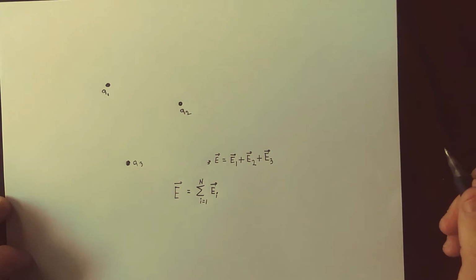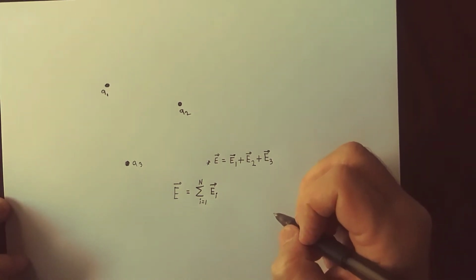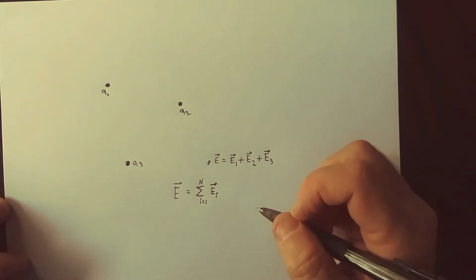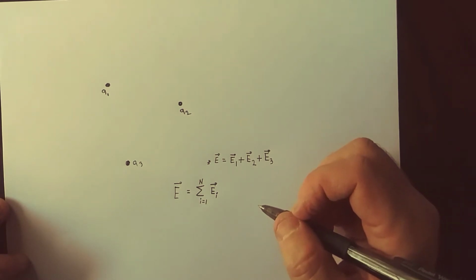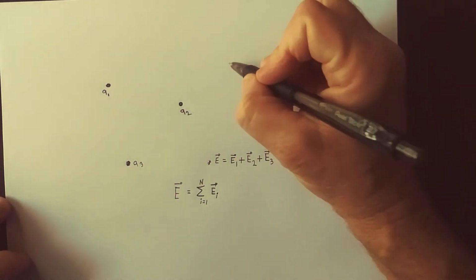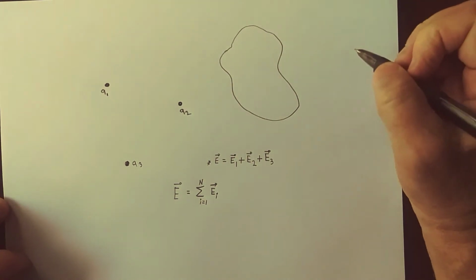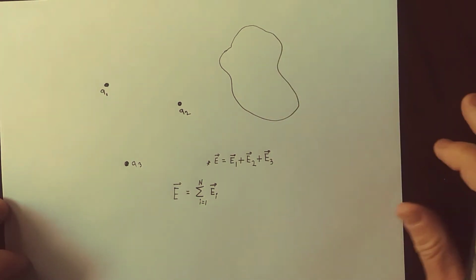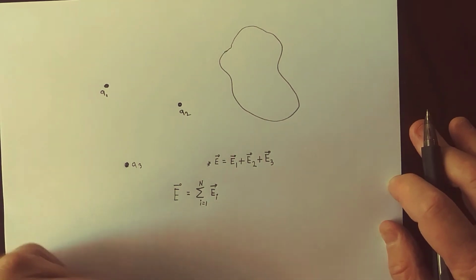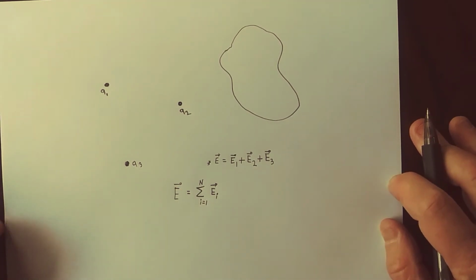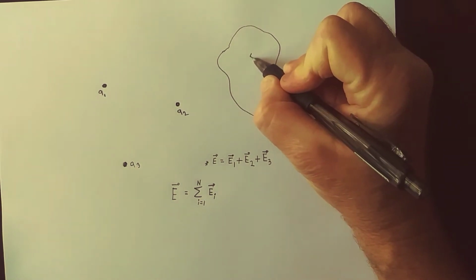Okay, but the real world is not as simple as this, in the sense that instead of having tiny point particles that produce electric fields, we really should be thinking of a region of space where charge is uniformly spread out. If it's a two-dimensional region, then charge is spread out over that region, and things get a little bit tricky in the sense that we have to hone in on a tiny little region.